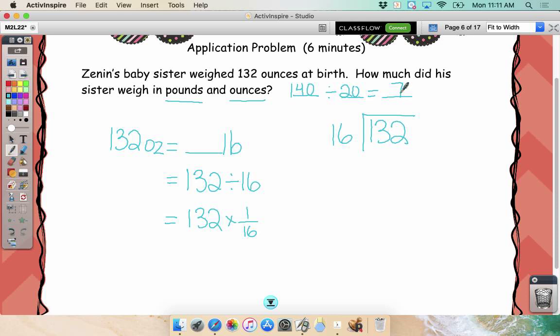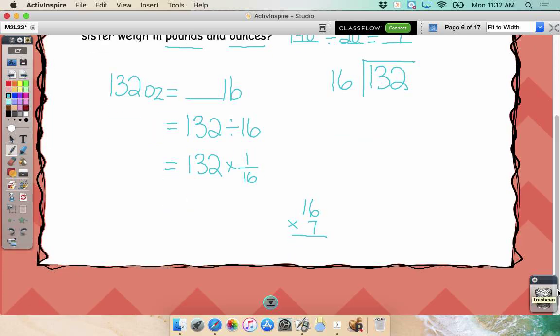So I'm going to take 7 times 16. And I'm going to just do it right down here so it's not in the way. This is my little guess and check area. So what do we get here? You think that's big enough?